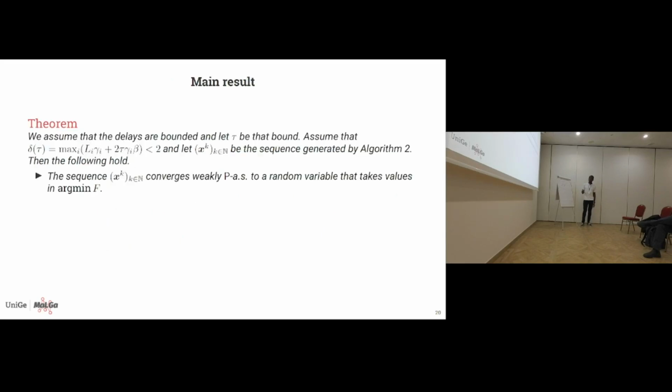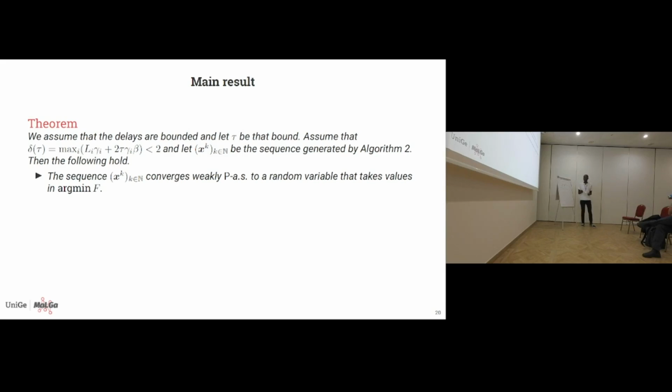And we are able to prove the convergence, the weak convergence actually, because we are in the Hilbert space, it's an infinite dimension. And this is the step size rule. Tau is the maximum delay. We assume that the delay cannot be infinite, because maybe a machine cannot be late infinitely. At some point it has to update.